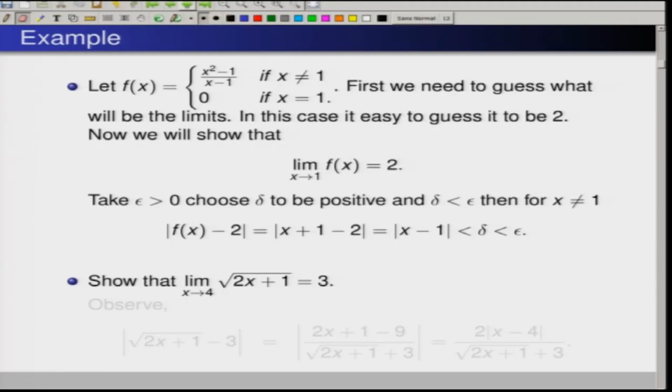First, let us observe the modulus of square root of 2x plus 1 minus 3. We want to make it as small as we want. If we multiply and divide by square root of 2x plus 1 plus 3, using a square minus b square, then remember that we are interested in all those x which are close to 4.